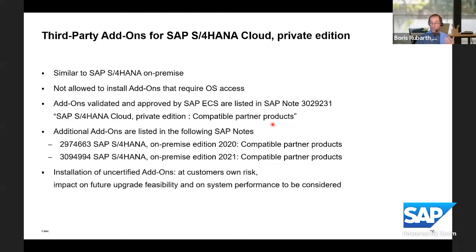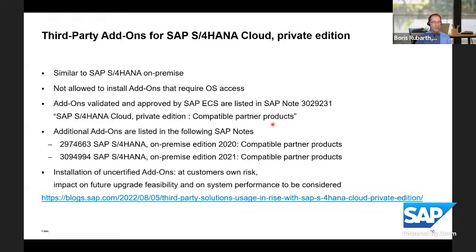So, you know, we have a certification program for add-ons. It is possible to install also add-ons that are not certified, but of course that is with a higher risk, and you always have to evaluate that there is no risk on later activities like system upgrade or similar.